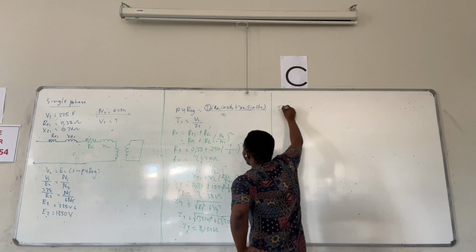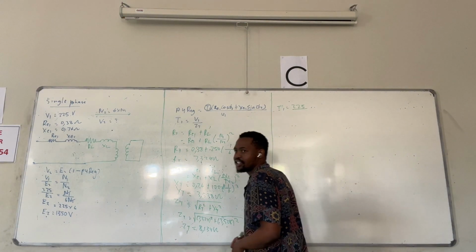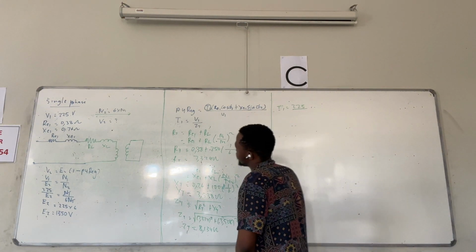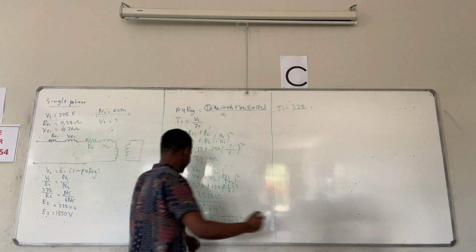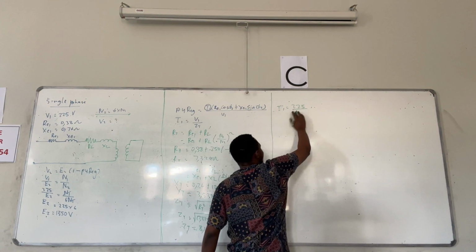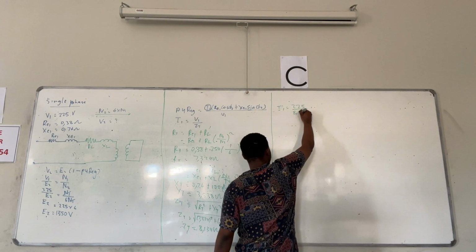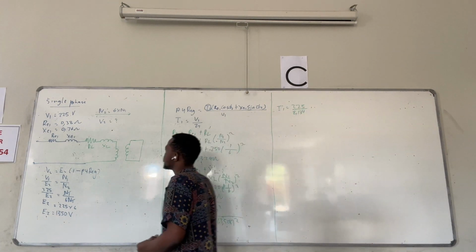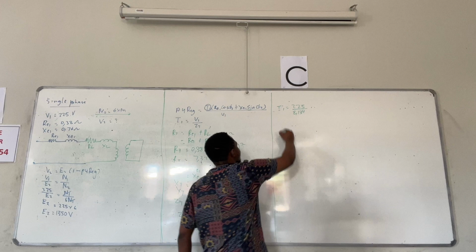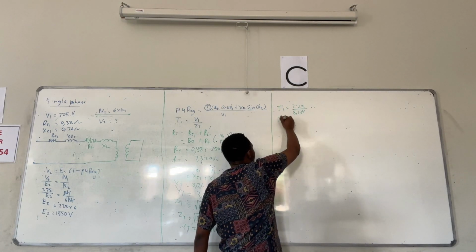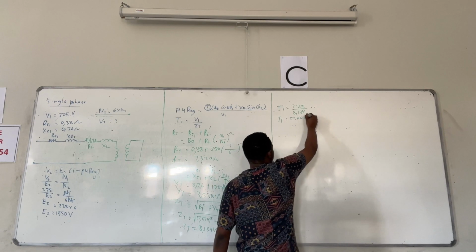I1 is what? 225 over ZT. I1 is 27.662 amps.